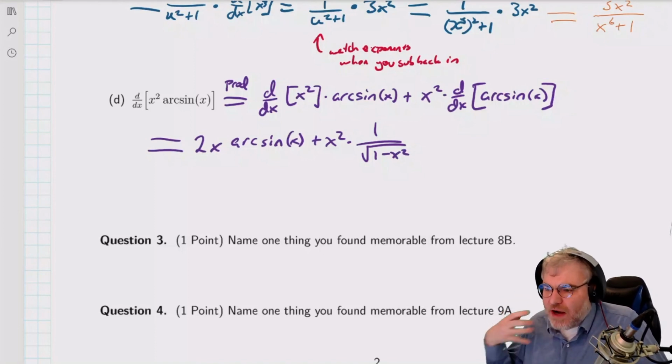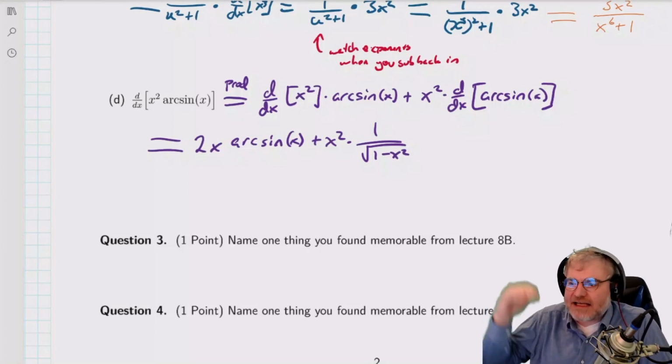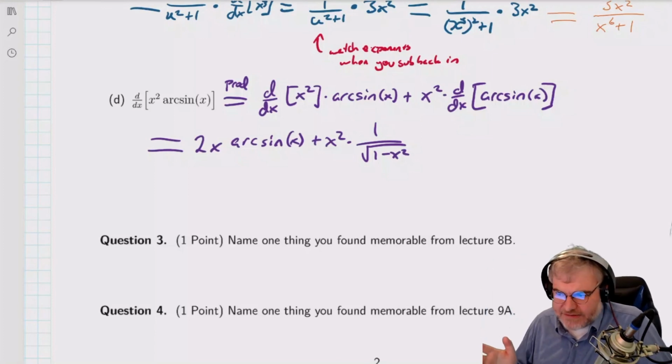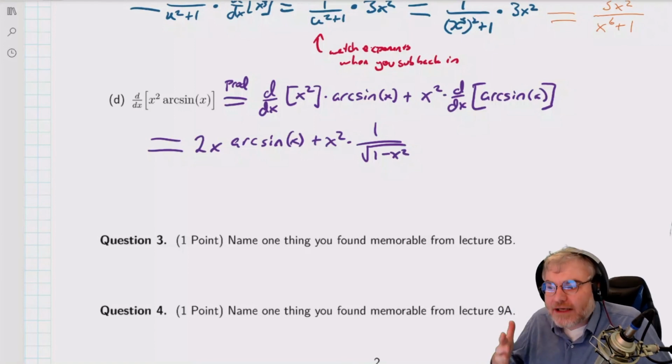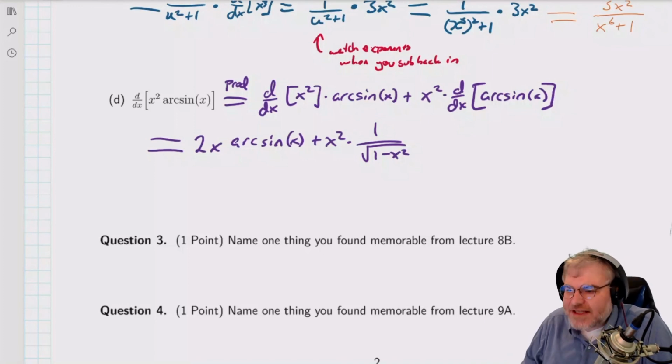That is a much higher level of understanding than memorizing what the thing is, right? You just don't need to do it every time. But you don't need to.